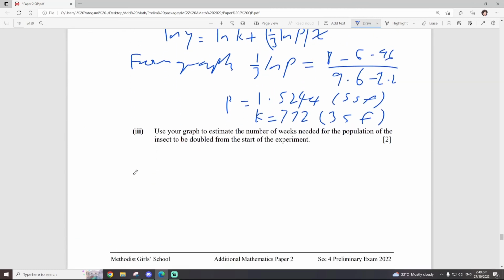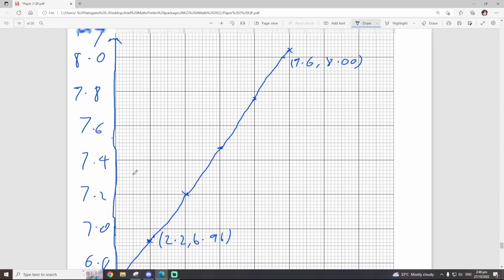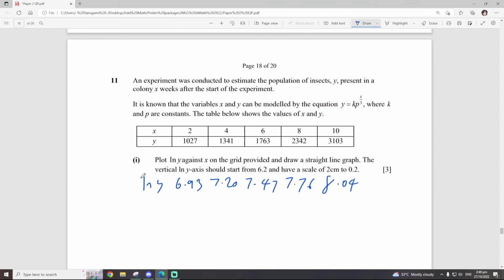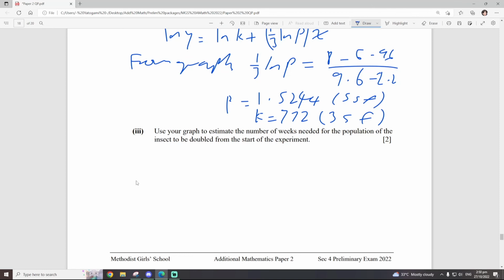Use your graph to estimate number of weeks needed for the population of the insect to be doubled. Okay. For the population to double, so ln, what is twice of 772?